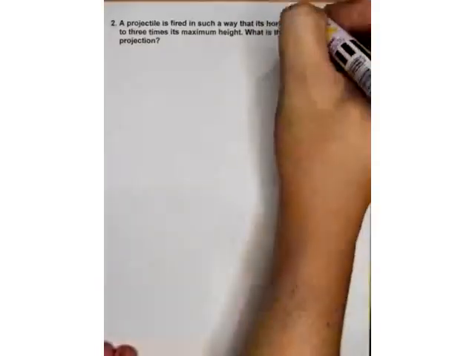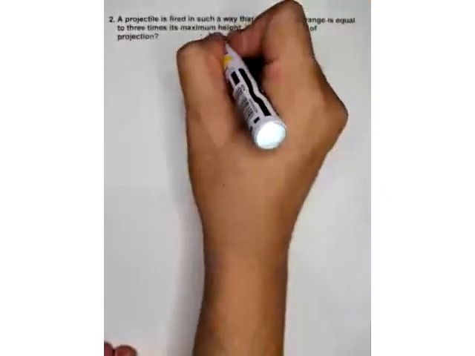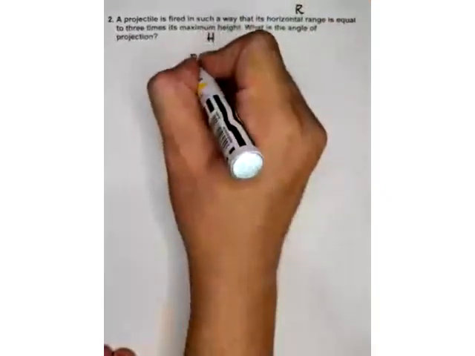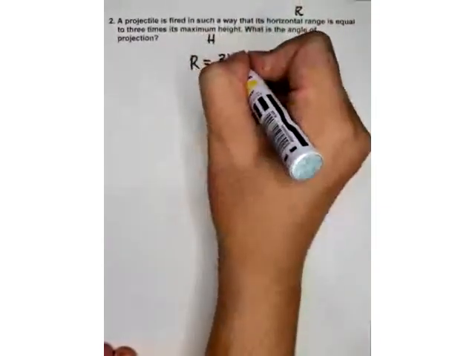So what is the angle of projection? Okay. So, ang sabi dyan, kung ito yung R, at maximum height is H, yung range daw ay equal siya sa 3 times its maximum height.